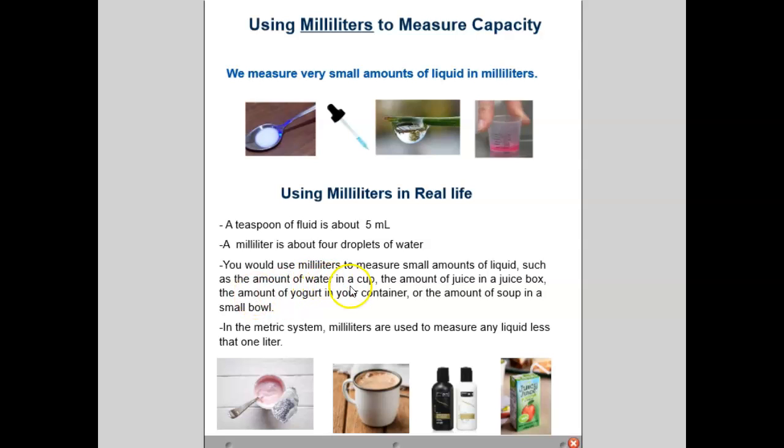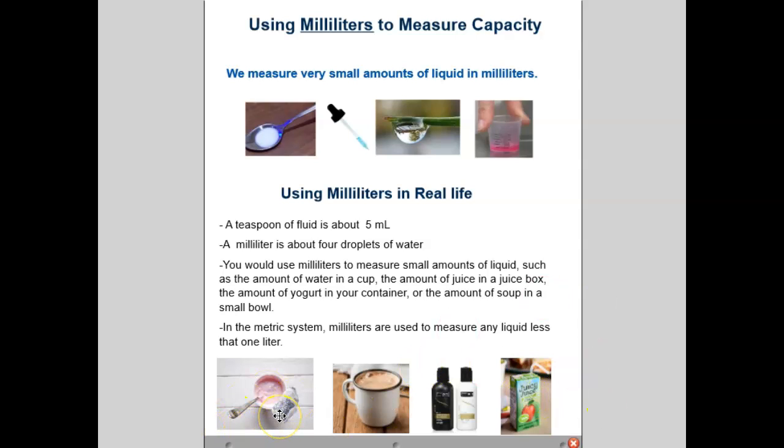You would use milliliters to measure small amounts of liquid, such as the amount of water in a cup, the amount of juice in a juice box, the amount of yogurt in a container, or soup in a small bowl. In the metric system, milliliters are used to measure any liquid less than 1 liter. So I'll think back to that soda pop bottle. If the liquid that I'm thinking about is less than the amount of liquid in that soda pop bottle, I know I'd use milliliters.